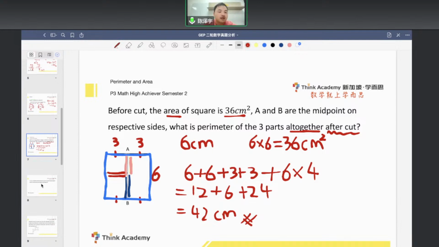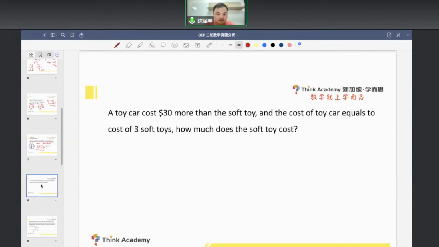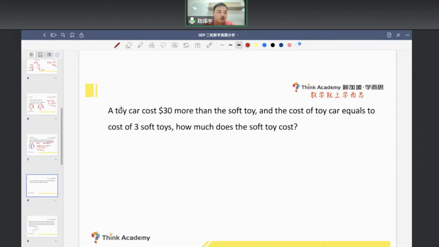Okay, so now let's look at the next question. Okay, a toy car costs $30 more than a soft toy. And the cost of one toy car is equal to the cost of 3 soft toys. How much does the soft toy cost?